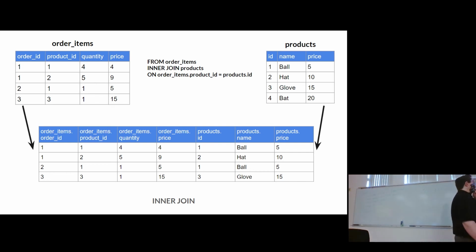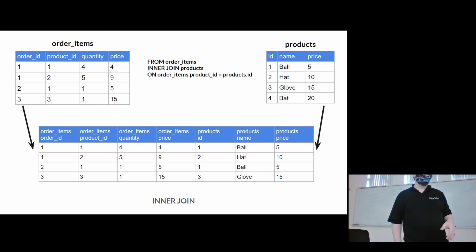So let's talk about an inner join. So an inner join here, I might say, let's take the order items and the products. Okay. So here's the order items. And see, hey, they've got an order ID, product ID, quantity, and a price. Okay, so that's the columns over there. When we look over the products table, it's got an ID, a name, and a price. Okay, so if I join these, I'm going to say, let's do an inner join.